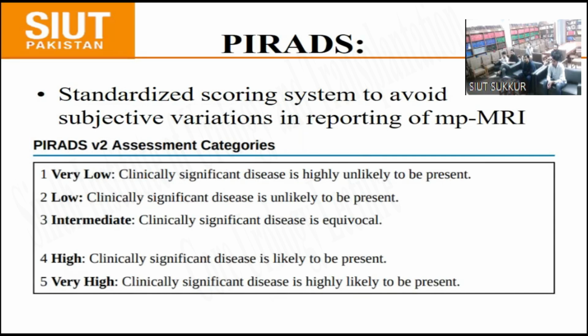The second is low, where clinically significant disease is unlikely to be present. In the intermediate category, clinically significant disease is equivocal. In high, clinically significant disease is likely to be present, and the last is 5, in which clinically significant disease is very likely to be present. These are on the basis of multiparametric MRI.